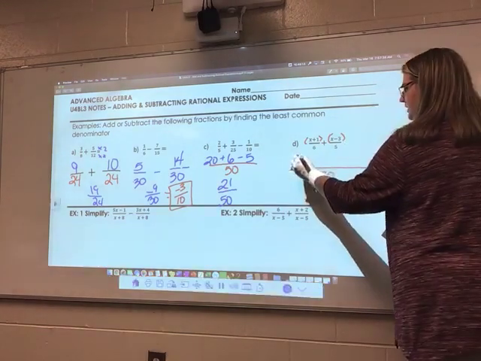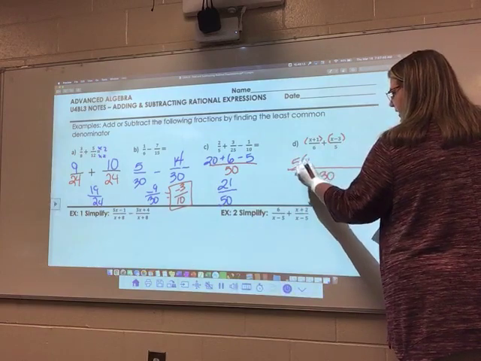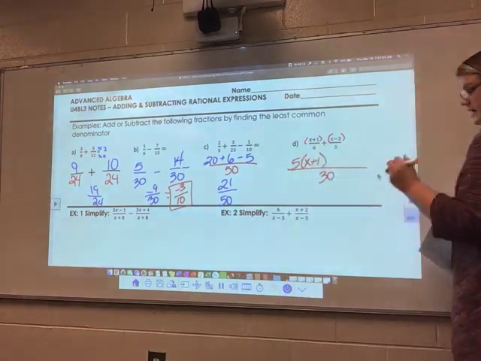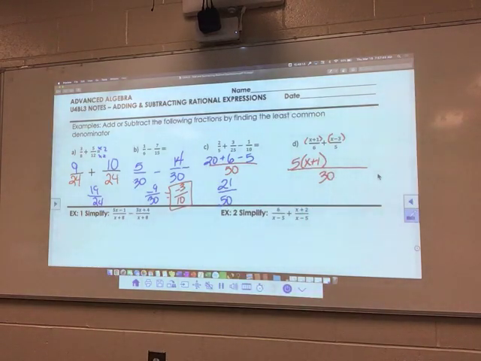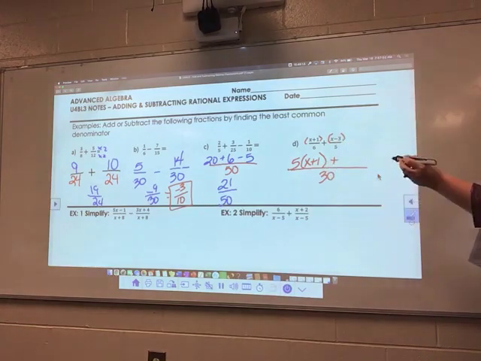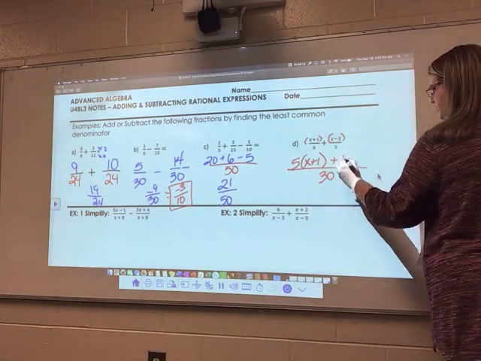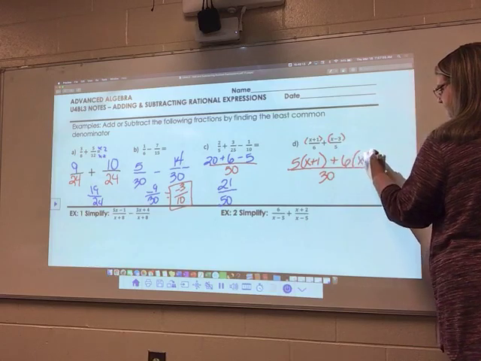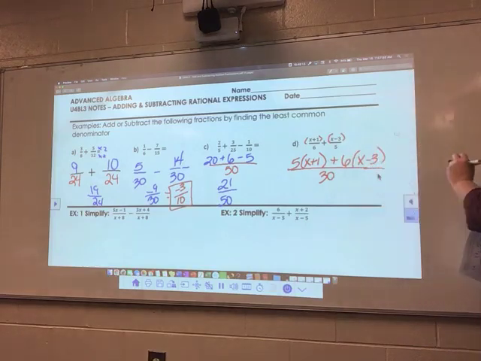So that means I'm going to take my 5 and multiply it by my numerator, right? I'm just writing it out so you can see what we're going to be doing. Then I have addition. And 5 goes into 30 6 times. So that 6 comes up. And my numerator has x minus 3. So now I'm going to be just.